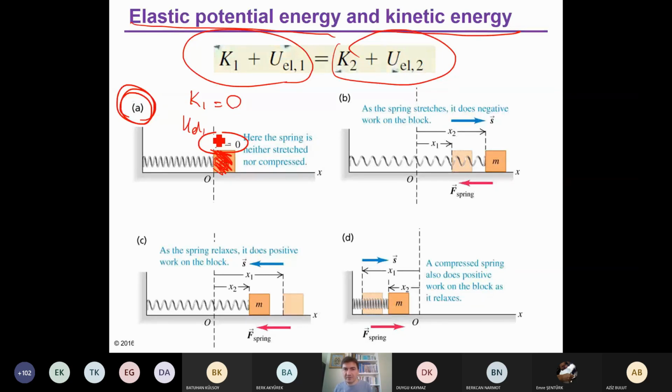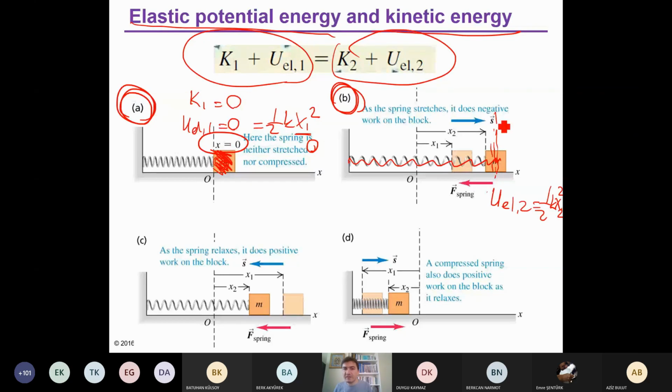Look at this condition on the right side, B. Here, in the second case, we have elastic potential energy, which is given by 1/2 k x2 squared. So we have a certain elastic potential energy stored in this spring, and the kinetic energy is 0 here.